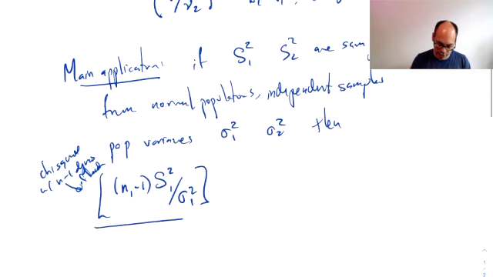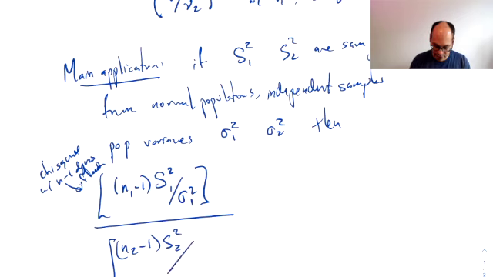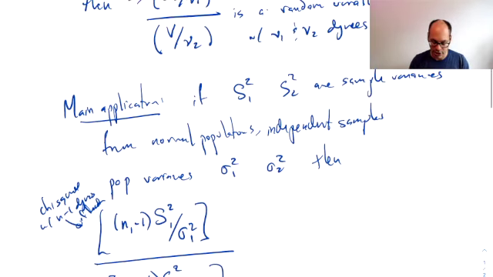And then I can divide that out by, I'll start writing this, but then I'm going to correct it a little bit. Divide this out by this, which is a chi-squared with n2 minus 1 degrees of freedom. So that's not exactly what I had up here.